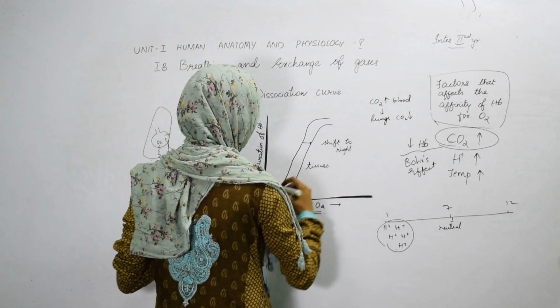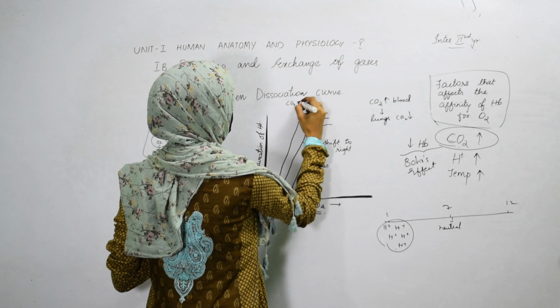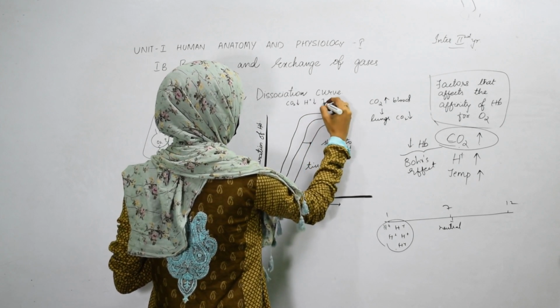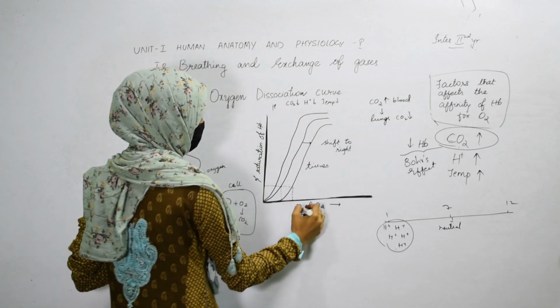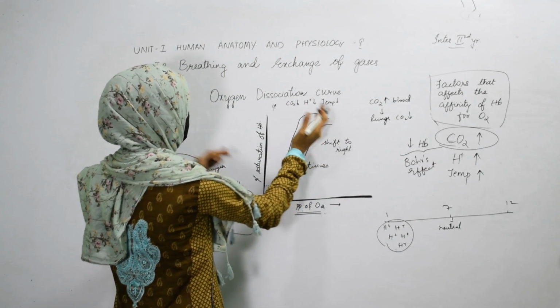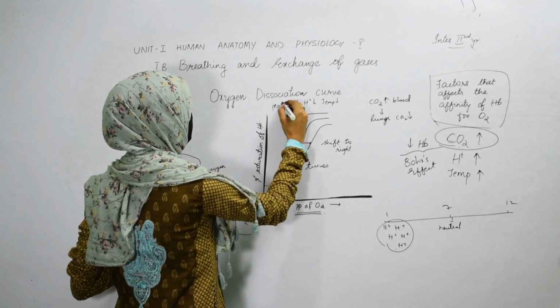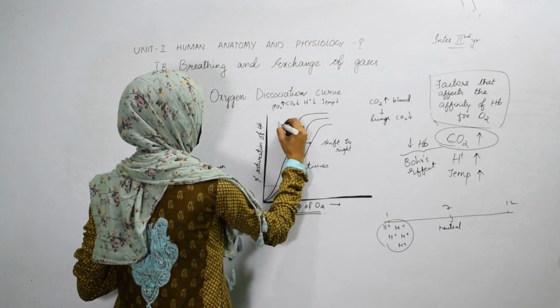At this point one more curve is made in this way, and this curve explains that when the carbon dioxide decreases, hydrogen ions decrease, temperature decreases, and partial pressure of oxygen increases, due to which the percentage of saturation of hemoglobin also increases. This type of curve can be seen in our lungs.